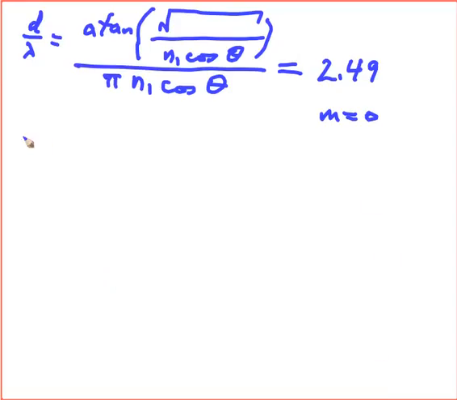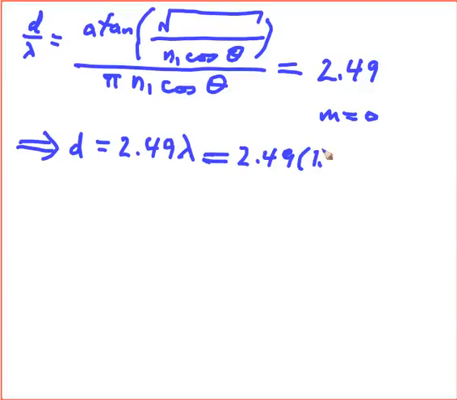And so we're done basically with part A. We can solve for d, which is 2.49 lambda, which is 2.49 times 1.3 microns, which is 3.24 microns.